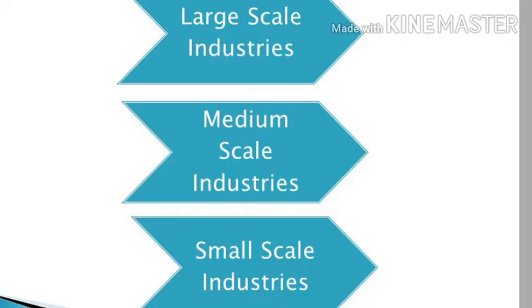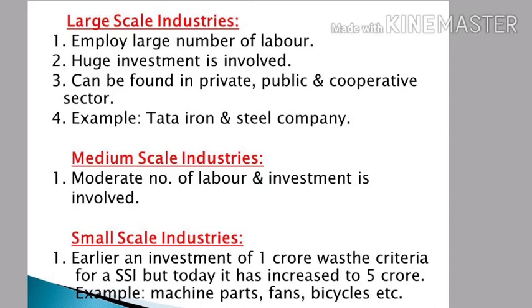It also can be categorized into different parts. First of all, small scale industry. What is small scale industry? The industries whose investment is up to 1 crore rupees come under the category of small scale industries.